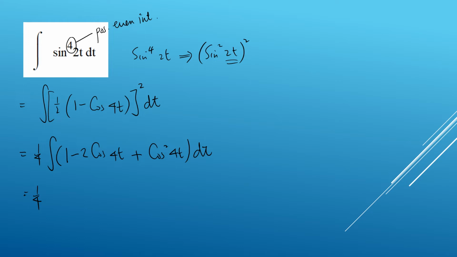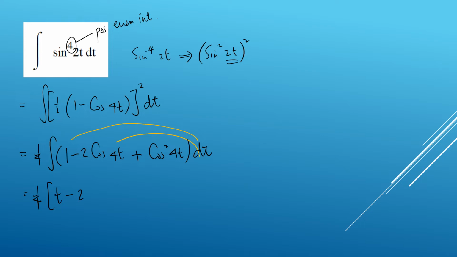Continuing, we have 1/4. We can integrate the first one, dt, and the integral of dt is t. There. Minus 2. How about the integral of cosine 4t?